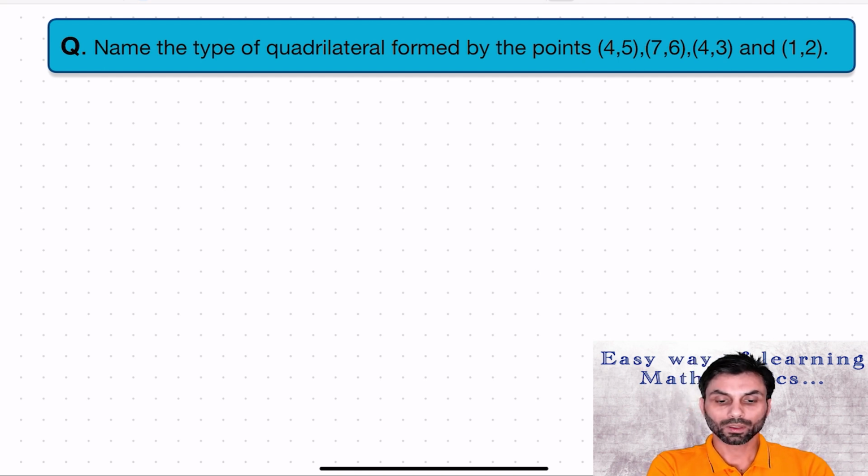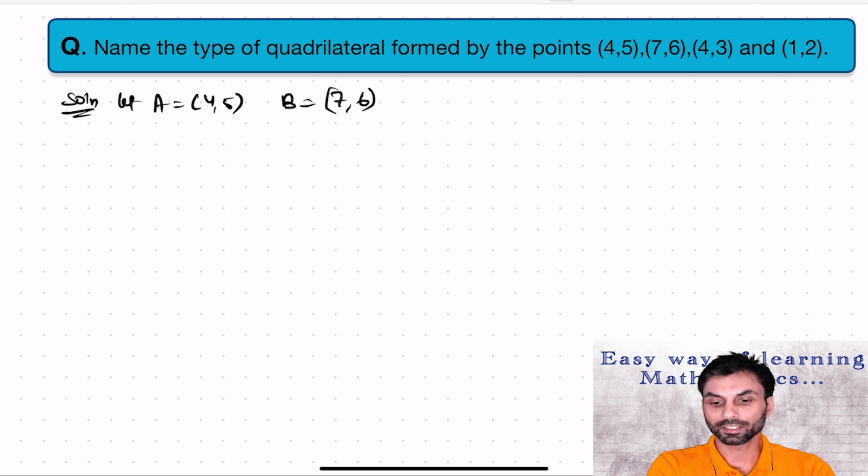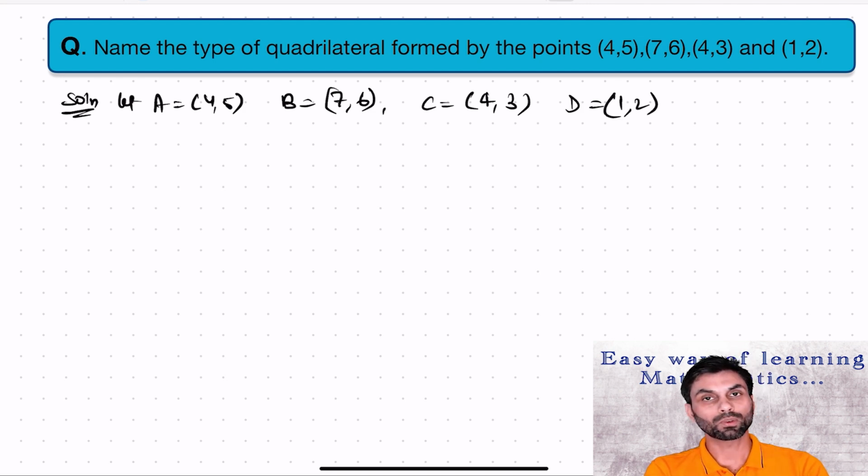Again, we name these points: let A equal (4, 5), B equal (7, 6), C equal (4, 3) and D equal (1, 2). In order to prove what type of quadrilateral it is, we are going to find the distance between each two consecutive vertices, and also the length of the diagonals.